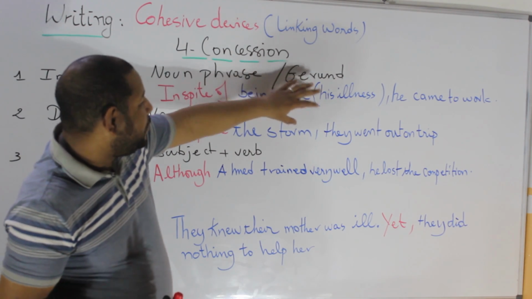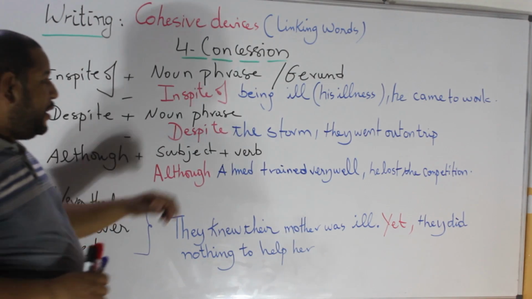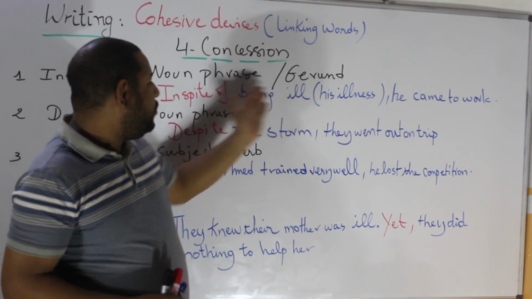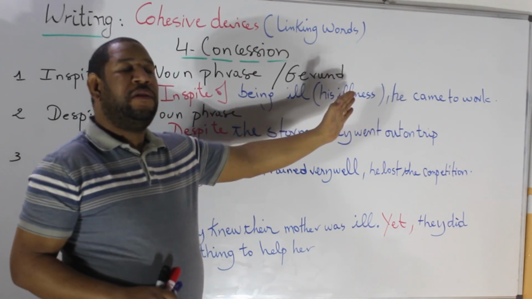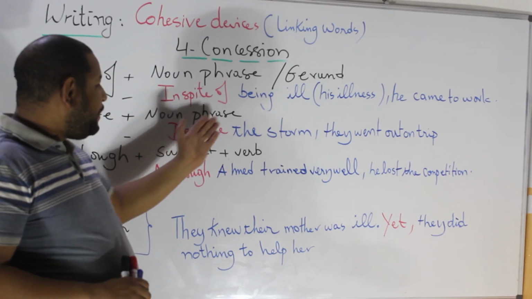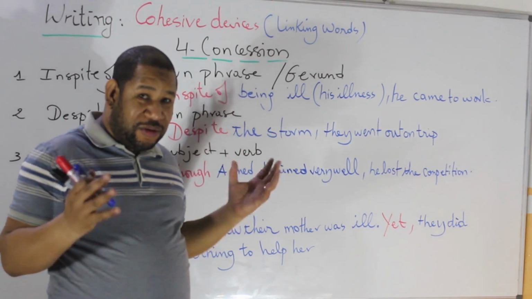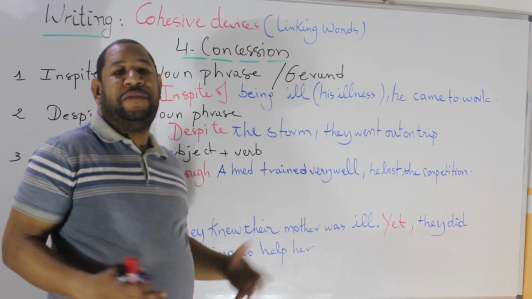Also despite is followed by a noun phrase, as we have here, despite plus noun phrase. For this one, we can say in spite of being ill, or in spite of his illness, he came to work. Despite the storm, which means it was a bit stormy, windy and so on, they went out on a trip.